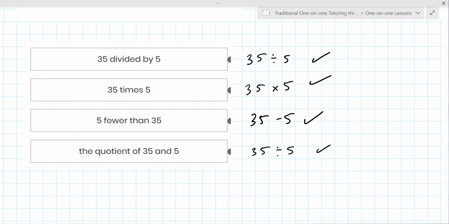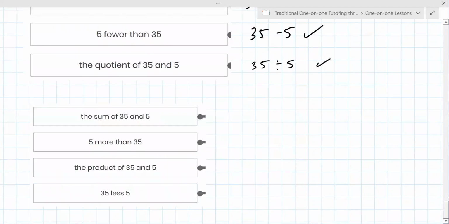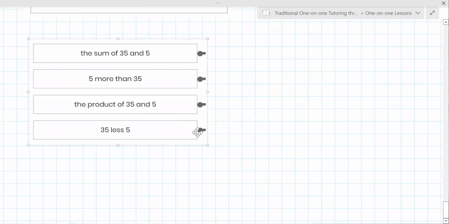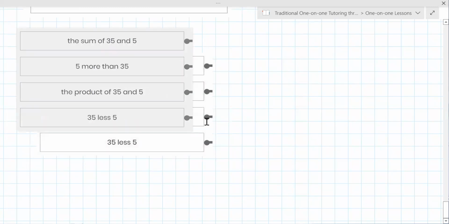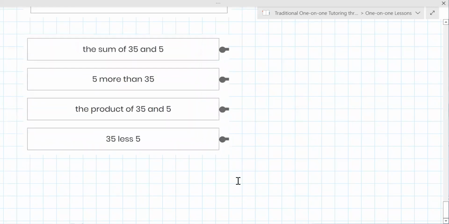So a couple more here. There's 4 more on this page. Okay. Same thing here whenever you're ready. Okay. Sum is addition, so 35 plus 5. Good. And then after more than, that's also addition, 35 plus 5.